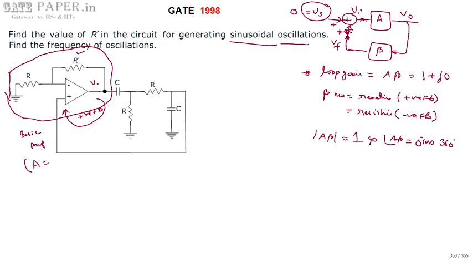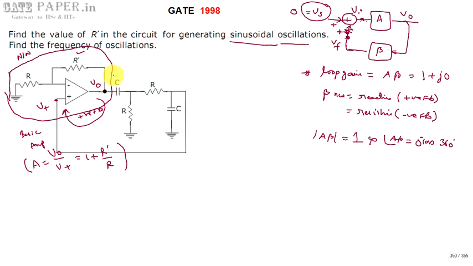If you assume this is V naught and this is V plus, the voltage at the non-inverting terminal, then A is V naught divided by V plus. We know that it is acting as a non-inverting mode op amp, and the non-inverting mode op amp gain is 1 plus R dash by R. So this is the gain of the basic amplifier.